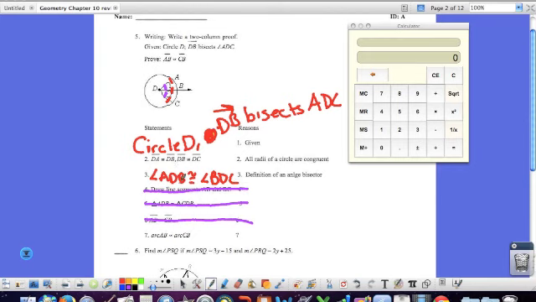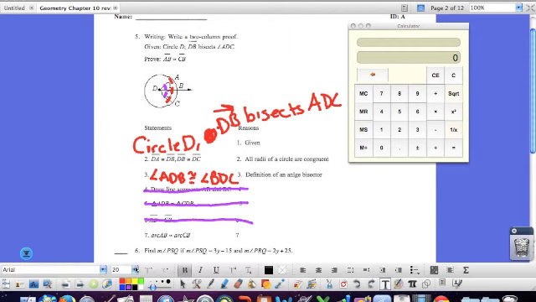If the angles are congruent, then you could say, let me type this in here so you can actually see exactly what I would say.